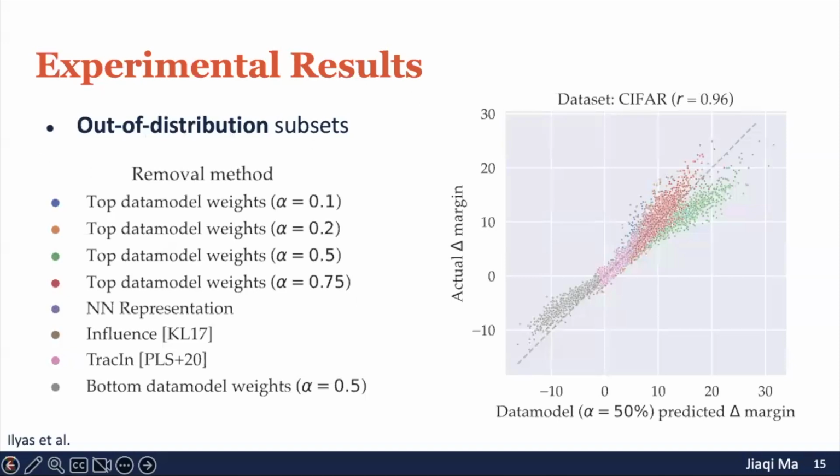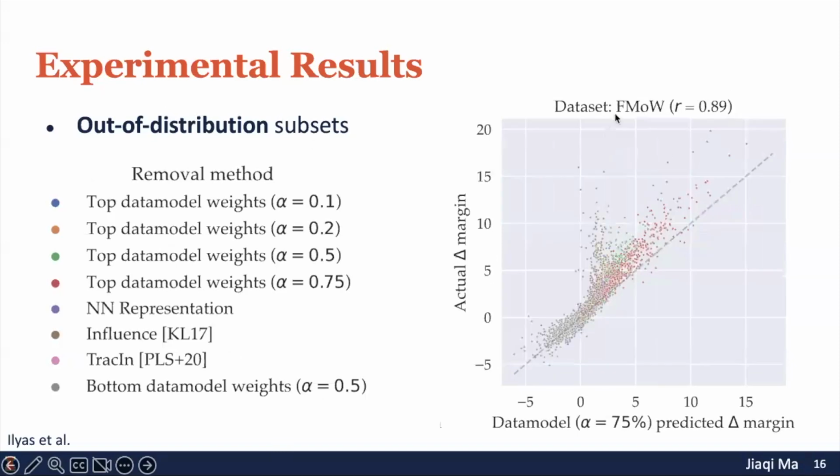And here are several different ways to do it. Overall, the Spearman correlation is not as perfect as in distribution, but it's still fairly high. Here on the CIFAR dataset it is 0.96, and on another dataset it is 0.89.